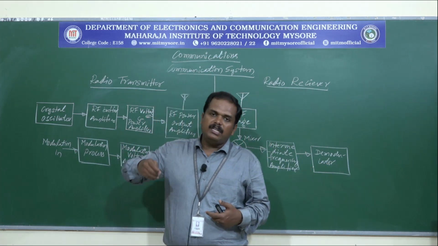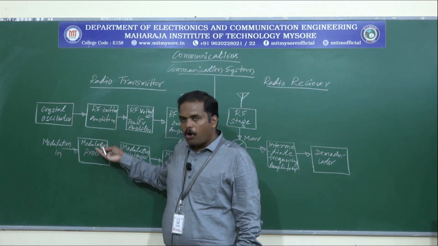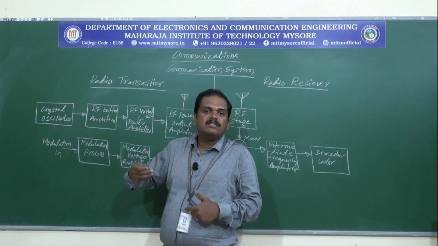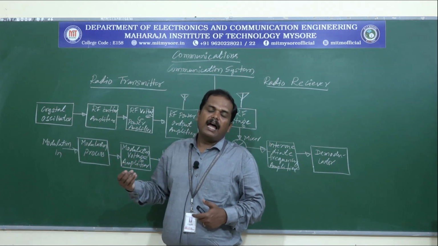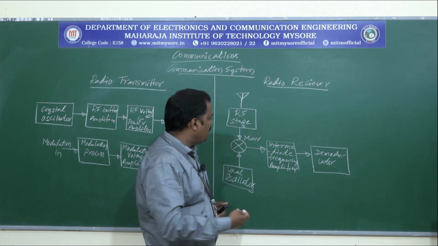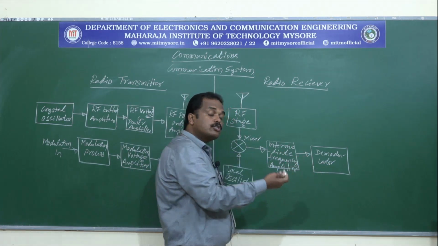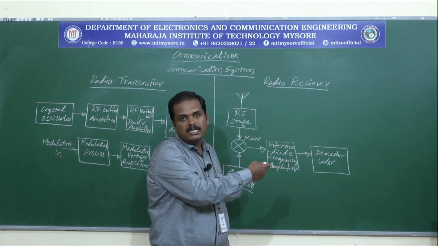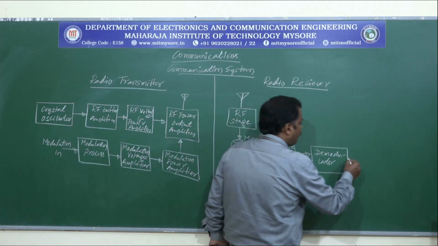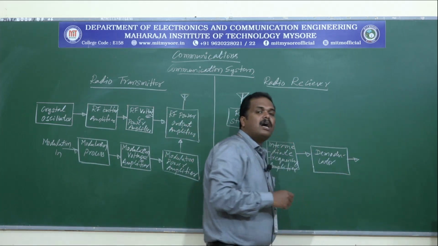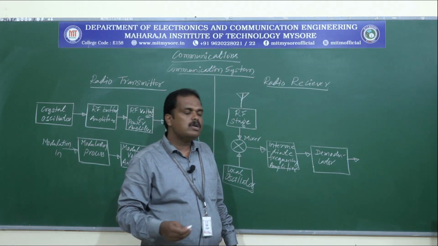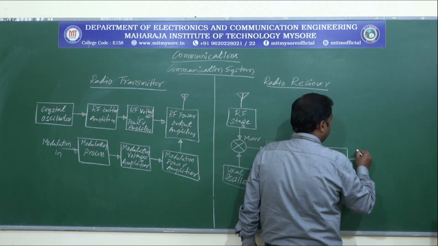In the transmitter section we modulate the signal, so the form of the signal is changed there, and that signal is recovered to its original form using this demodulator, and further this will be given to the audio voltage and power amplifier.